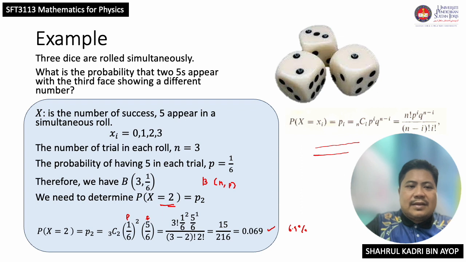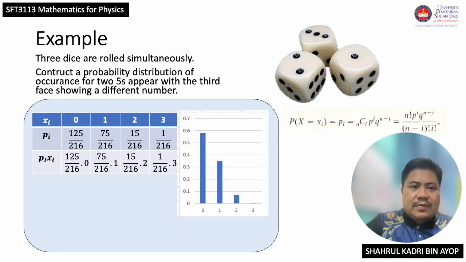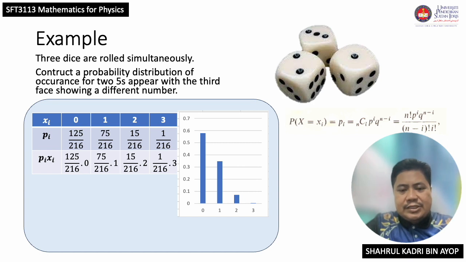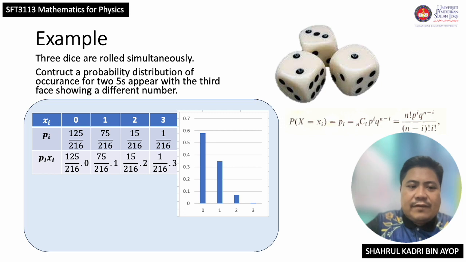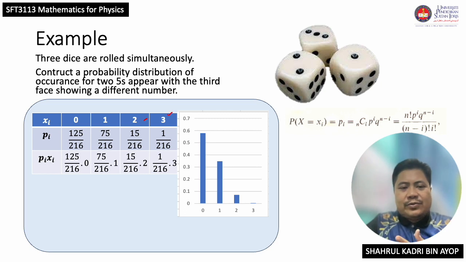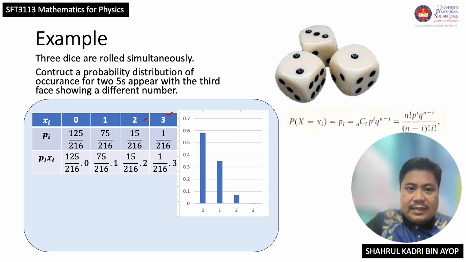Okay, so let us continue. How can we construct a distribution graph for this case? If you calculate for none of 5 occurring, or once, or twice, which we calculated in the previous slide, in each row we get the probability using this calculation.